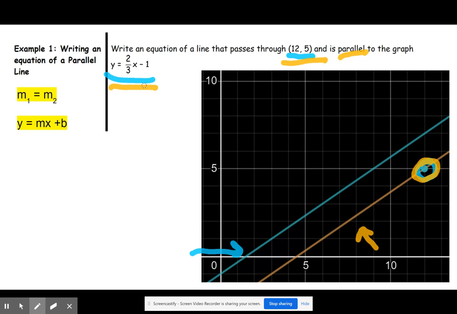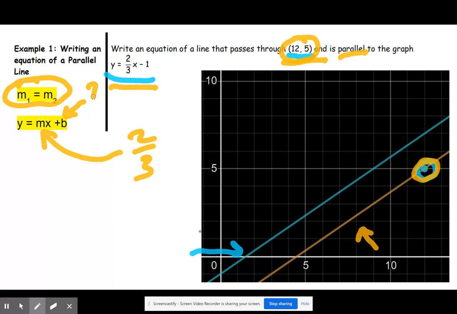So what is my condition for two lines that are parallel? They have to have the same slope. So right off the bat, you already know that this slope here is 2/3. And we're going to have to use this other piece of information they gave us, the (12, 5). While we can get the slope pretty easily, what we need to find is this part, the y-intercept, so that we can write an equation of the line.